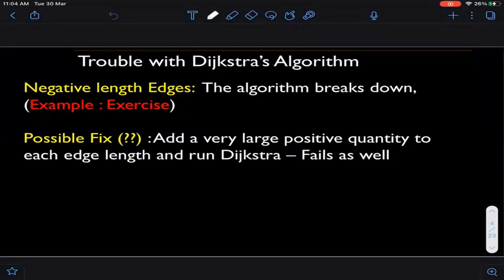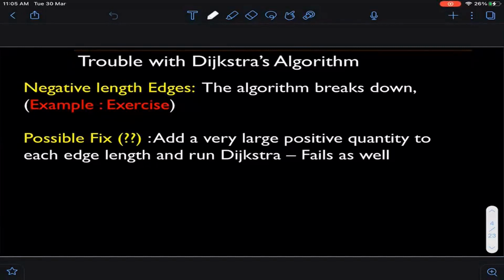One hint is the kind of examples where this is going to fail. No, Priyansh, that is sort of a slightly vague thing. What I'm saying is, here is my claim: even if all the edges are positive and you do this transformation, even then Dijkstra will give you the wrong answer.